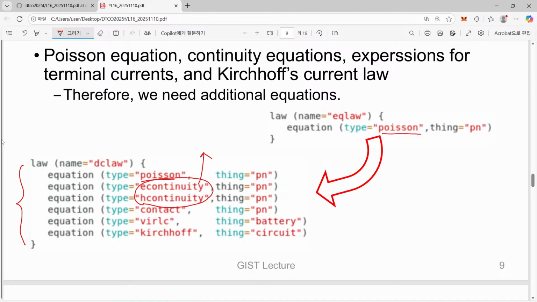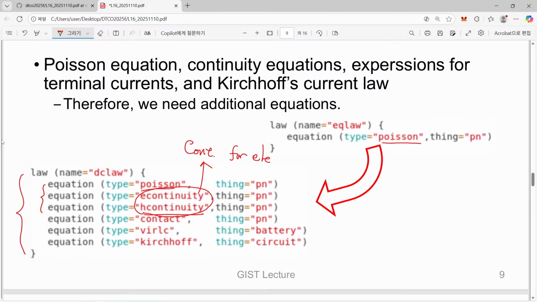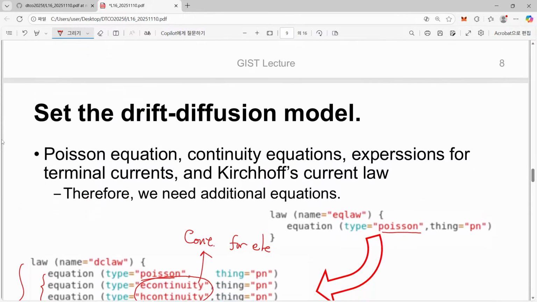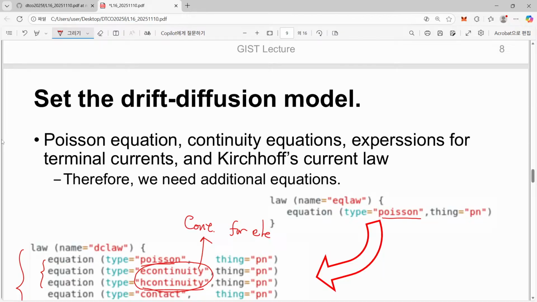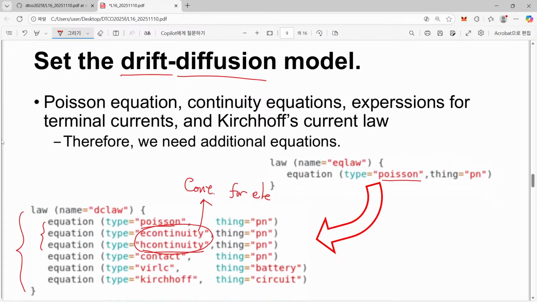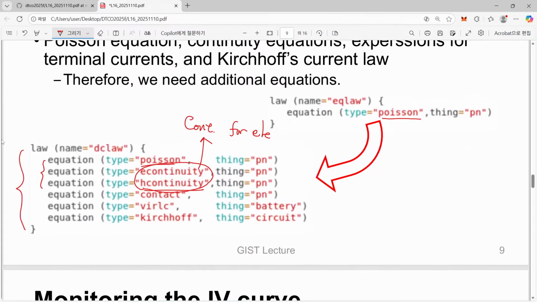E continuity is the continuity equation for electrons, and H continuity is the continuity equation for holes. When we have a set of these three, they are called the quite famous drift diffusion model. And yes, we are now trying to solve the drift diffusion model.